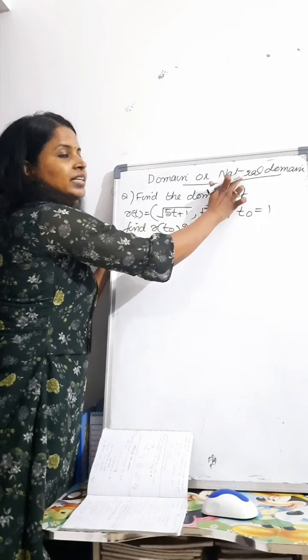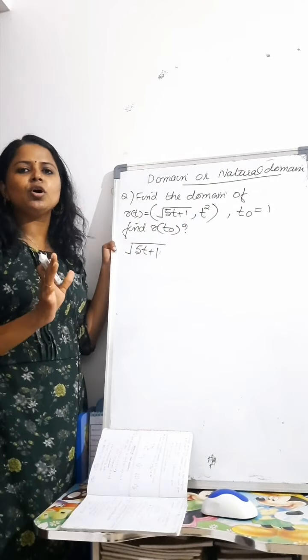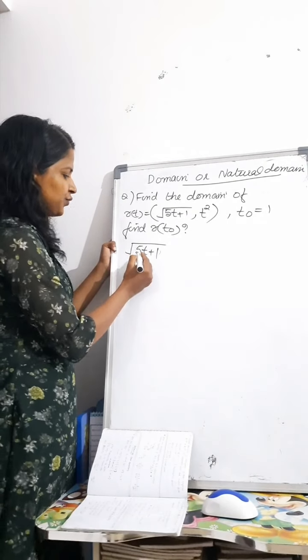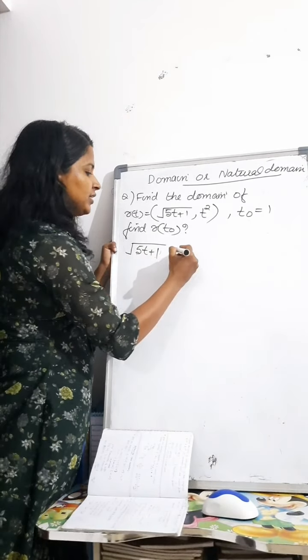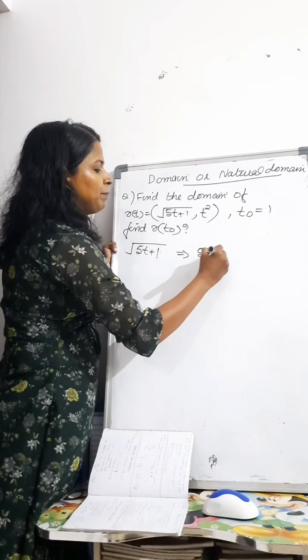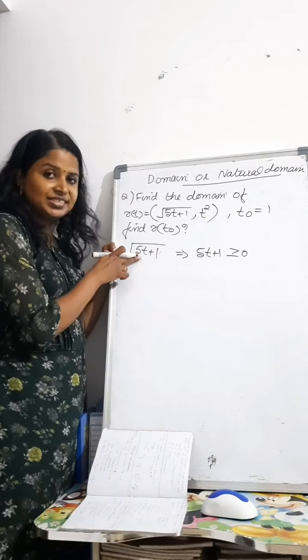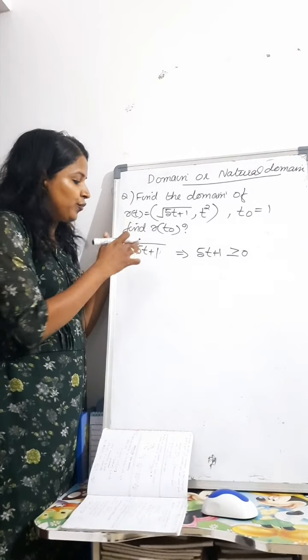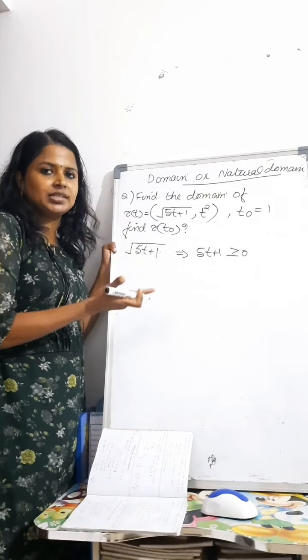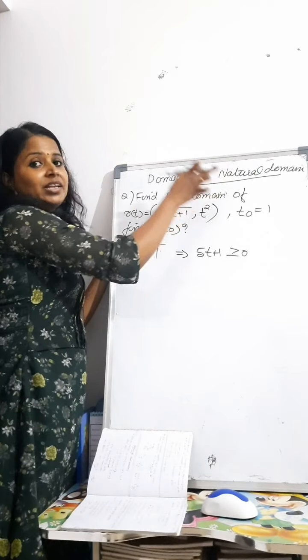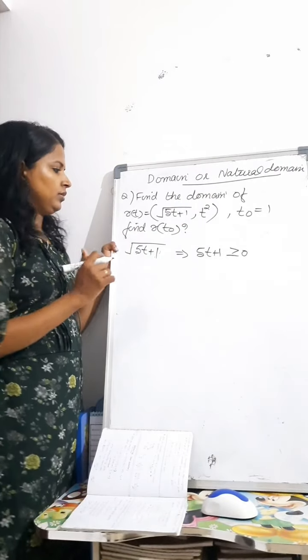Here we consider the natural domain, so only the positive numbers and 0. So 5t plus 1 is always greater than or equal to 0. If it is negative, the root is a complex number, and we cannot take that because the domain is the natural domain.